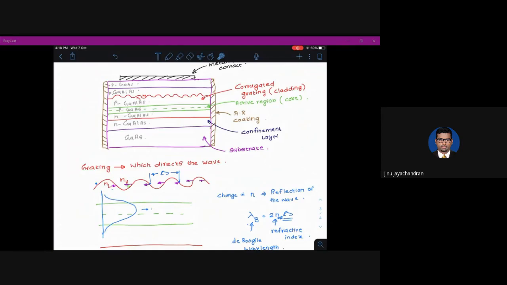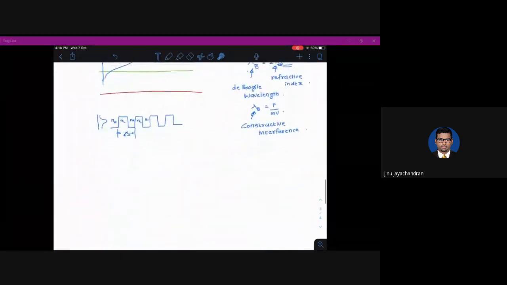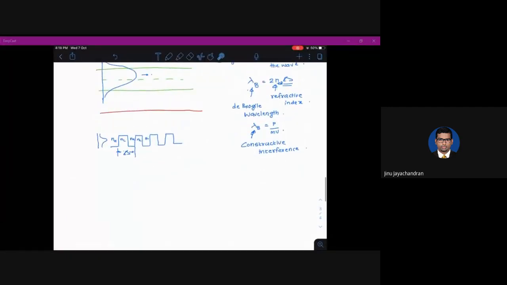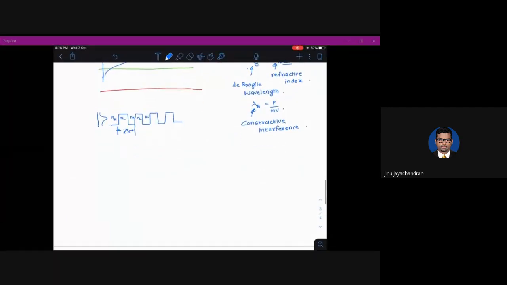Now there is a problem with this. If you plot the frequency spectrum, this is your frequency for the corresponding de Broglie wavelength.